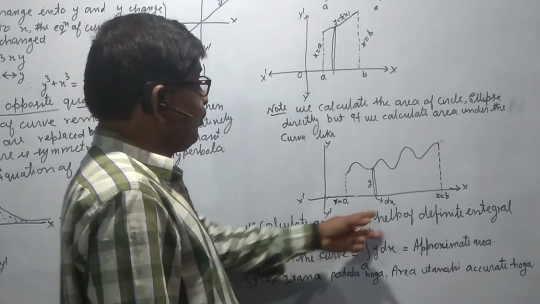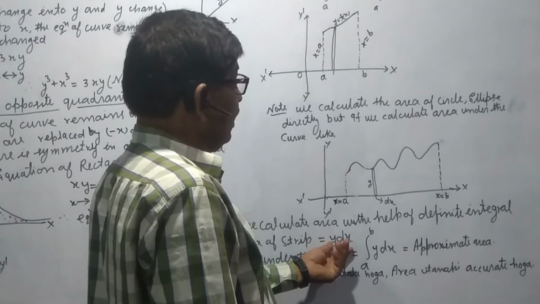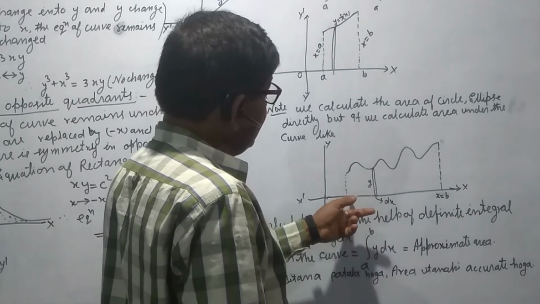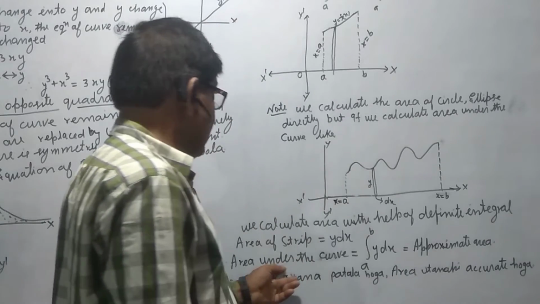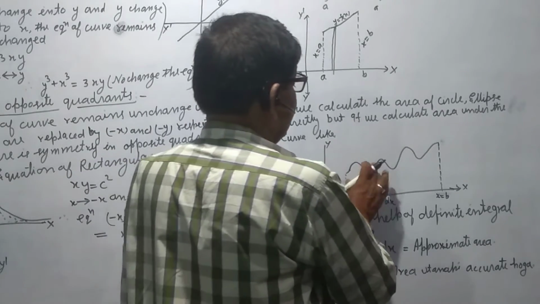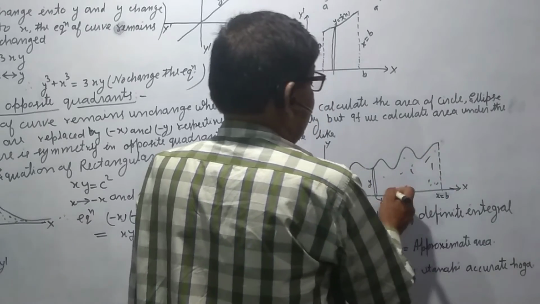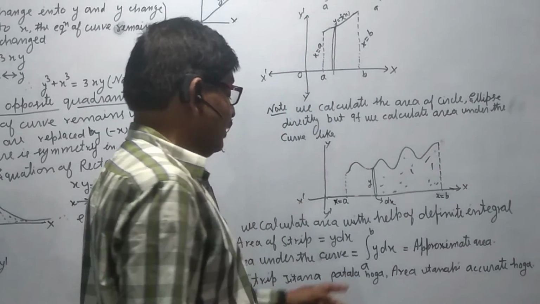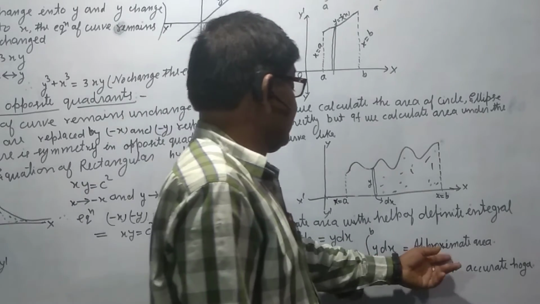The area of one strip is y dx here, and if we integrate this from x equal to a to b, we get the total area under the curve. The area under the curve can be calculated by the integral from a to b of y dx, an approximate area.